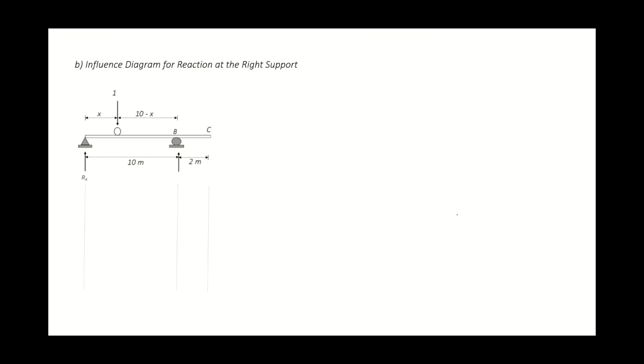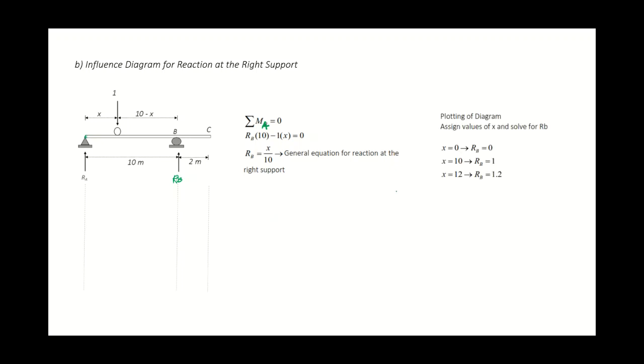Okay, now, the influence diagram for the right support is similar to the left support. In this case, it is RB. So, take moment at A, get the equation of RB. At x equal to 0, 10, and 12, you will get your RB and then plot.